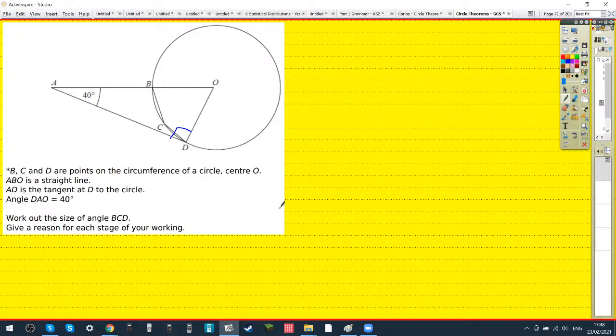So D is a right angle. So O is also a right angle. ODA is a triangle.